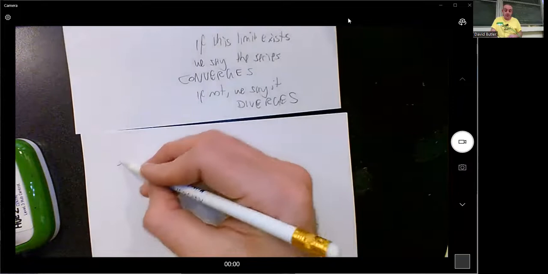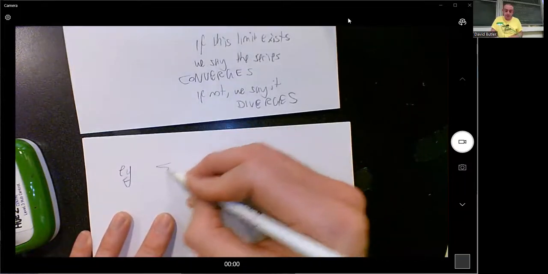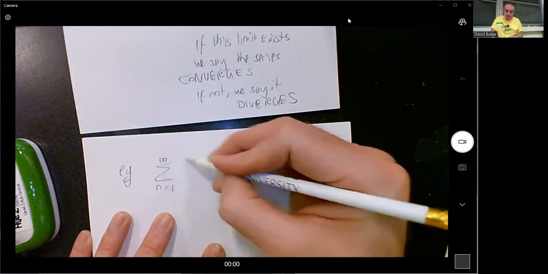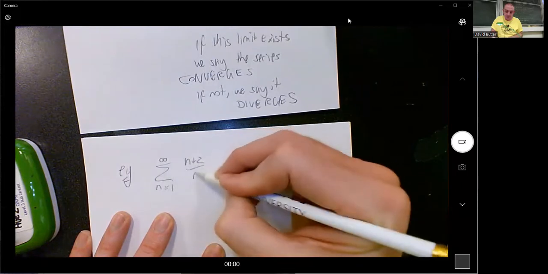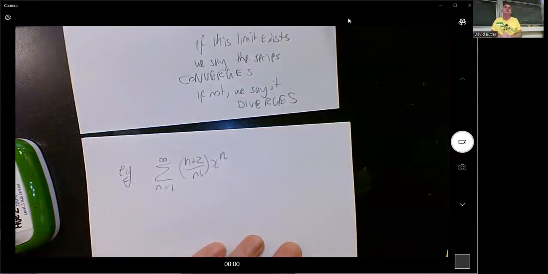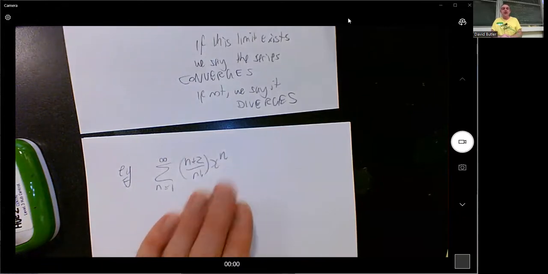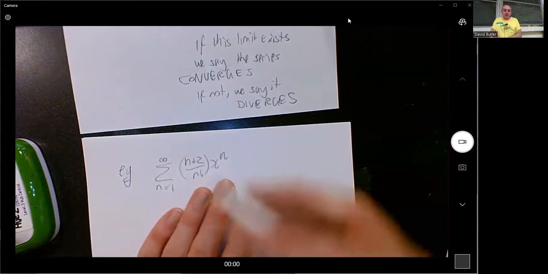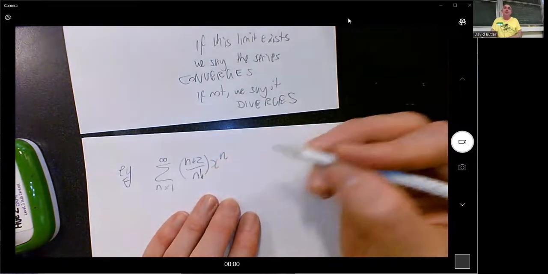But you can put an x in there like that. And so what this means is that different values of x will produce different series.